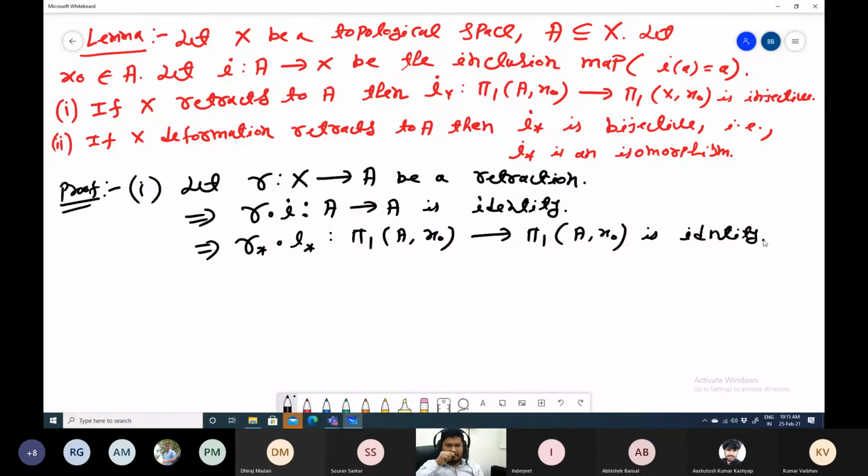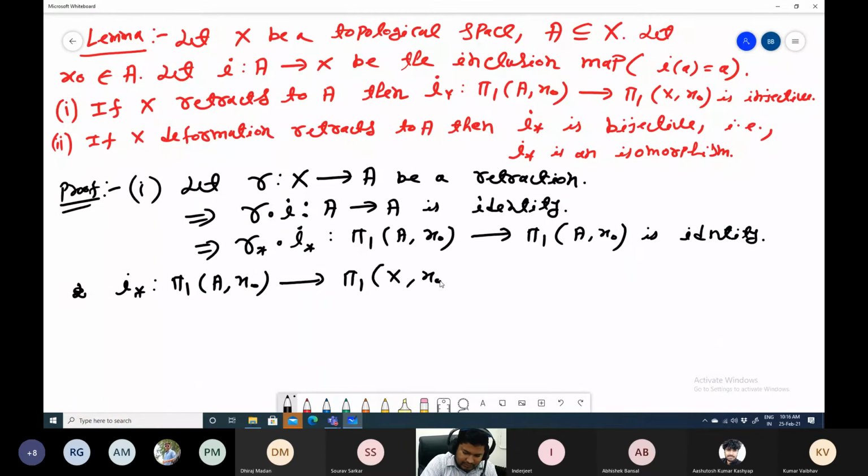We have seen that, right? Now we need to show that I star is injective. Now what is I star actually? I star is a map from pi 1 of A, x0 to pi 1 of X, x0.